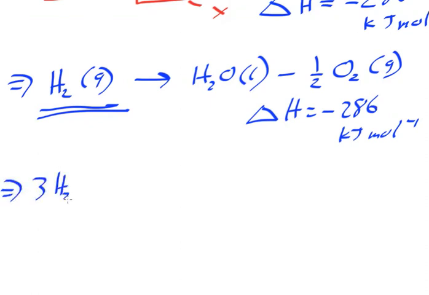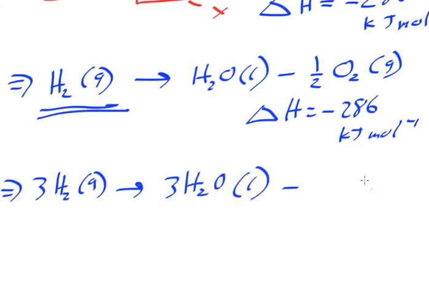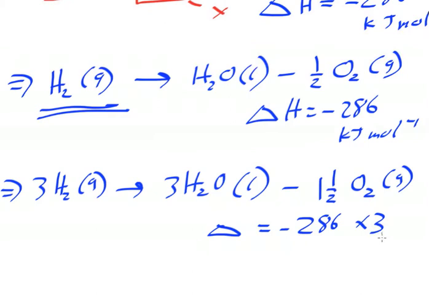So I get 3H2 as a gas goes to 3H2O as a liquid minus 3 times a half, which is 1.5. So 1.5 O2 as a gas. But my delta H does change this time. It's equal to minus 286 times 3 as well. And that's still in kilojoules per mole.